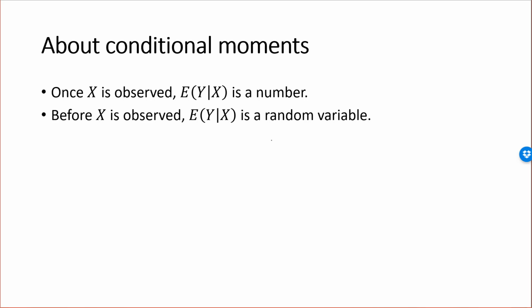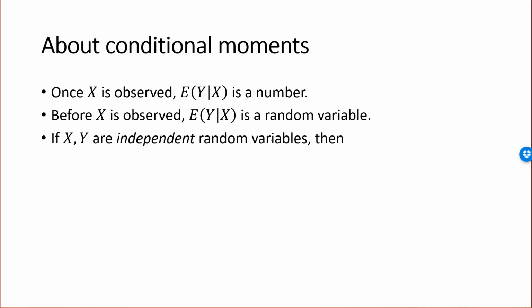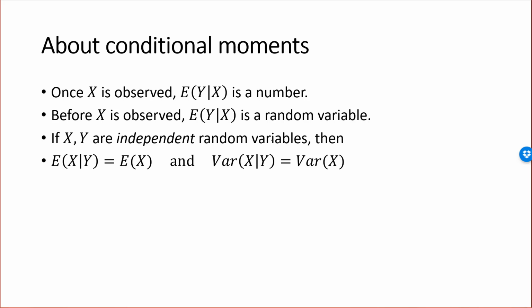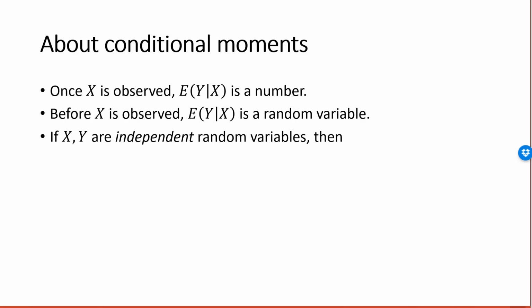One important property of conditional expectations is the following. If x and y are independent random variables, then conditioning makes no difference. If they have nothing to do with each other, then the expected value of y given x will be the same as the expected value of y.